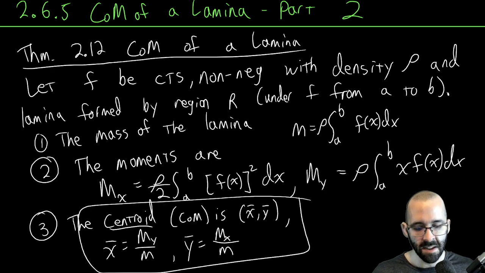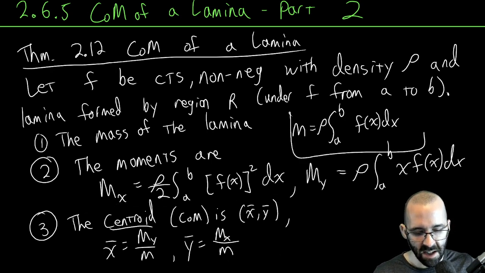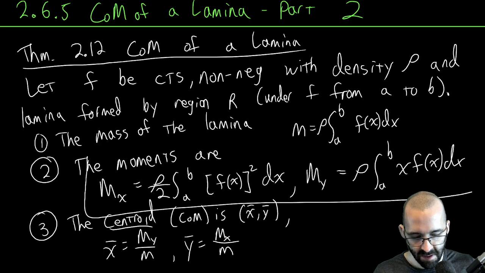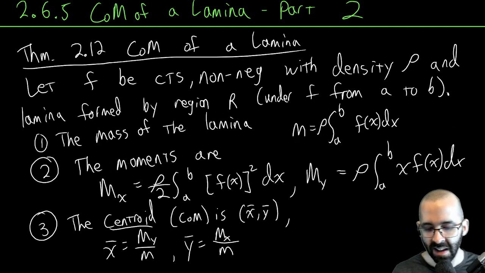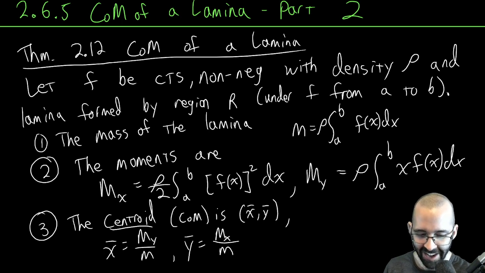So this is old. This is kind of old. This is new. You're going to need this in your notes. Definitely. You're not going to have to memorize it, but you will have to have it written down. Okay, that's what we've got here. That's what we're going to use for this example problem.